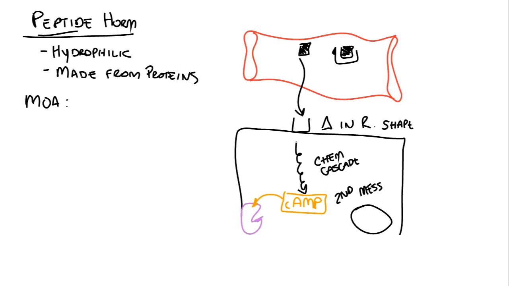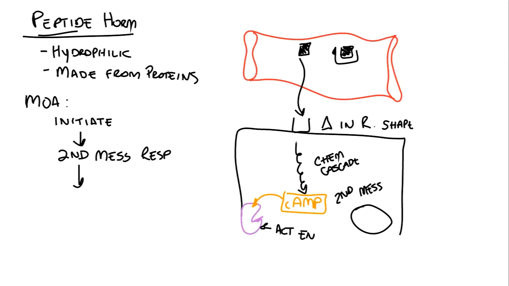So our mechanism of action was that stimulus initiates a second messenger response. Okay? And that response, which was activating an enzyme, can be amplified. So how is it amplified?